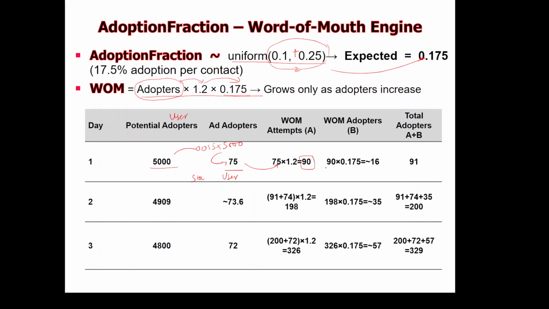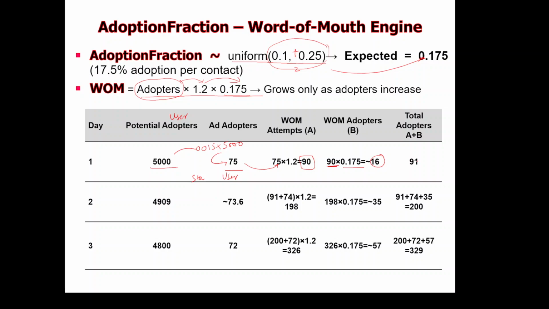So these 90 people who were contacted by the adopters might adopt it, and the probability of adoption is given by the adoption fraction, for which we have used a value of 0.175. So almost 16 people will adopt through word of mouth.